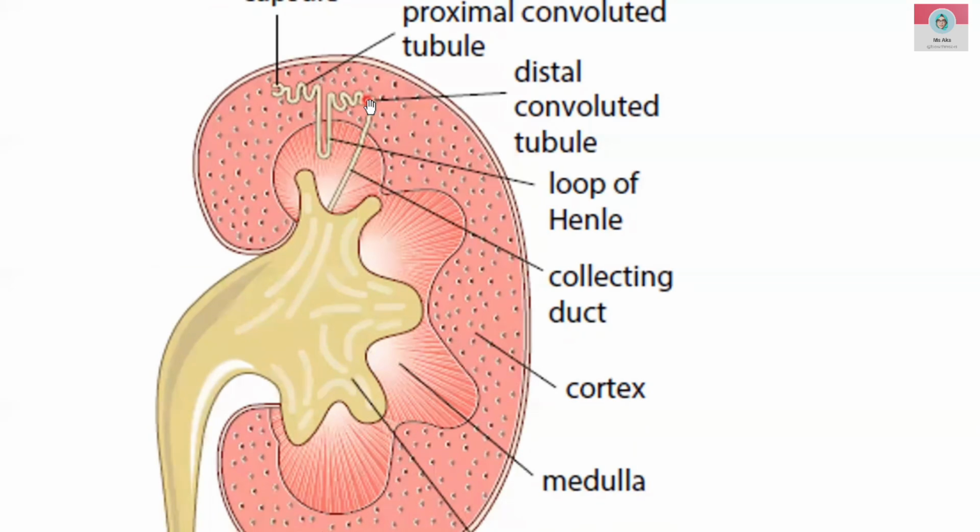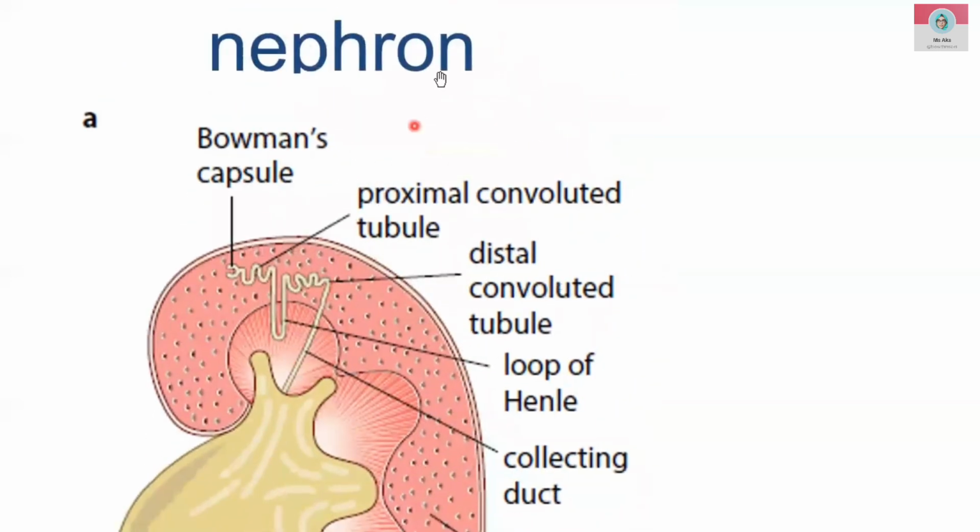The distal convoluted tubule is connected to the collecting duct, and the collecting duct is connected to the pelvis, where the urine will be stored before it gets transported along the ureter. Again, essentially, you need to be able to describe the structure here.